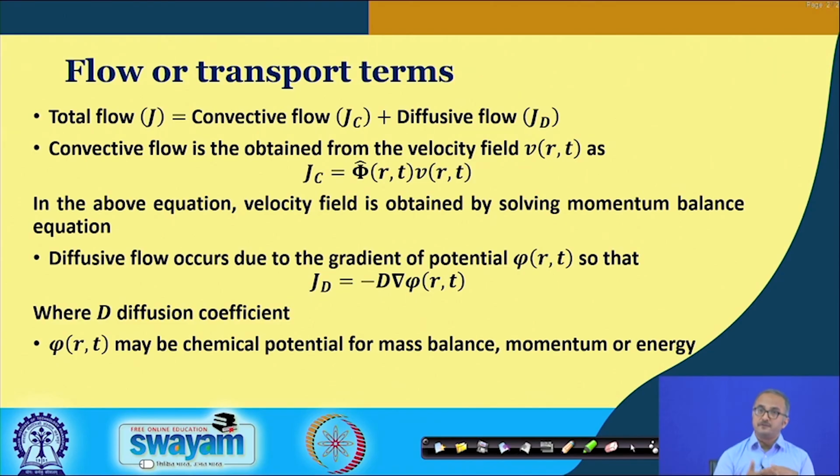It can be mass diffusivity, it could be momentum diffusivity, it could be thermal diffusivity, depending on which kind of conservation property we are applying. So, here we are putting d as an arbitrary parameter. And as I mentioned, this sign may represent some mass balance, it will differ for mass balance, for momentum balance and for energy balance.